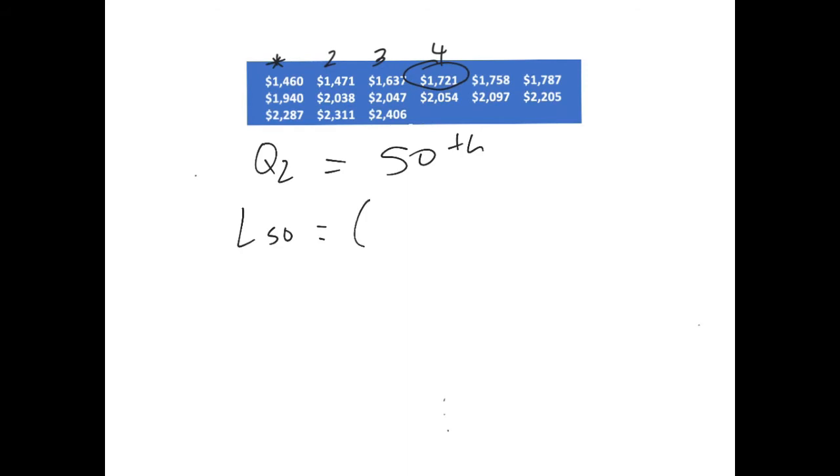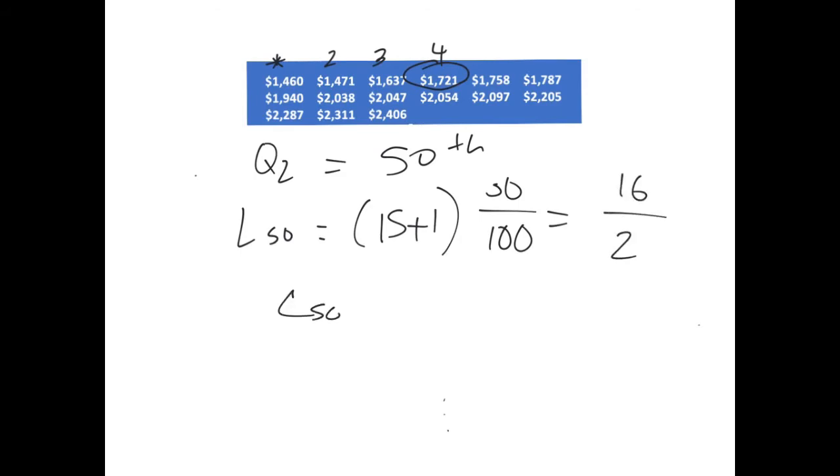L of 50 is going to be 15 plus 1 times 50 over 100. So we have 16 divided by 2, so L of 50 is equal to the 8th observation. So we have 4th, 5th, 6th, 7th, and 8th. So quartile 2, or the median of this distribution, is 2038.